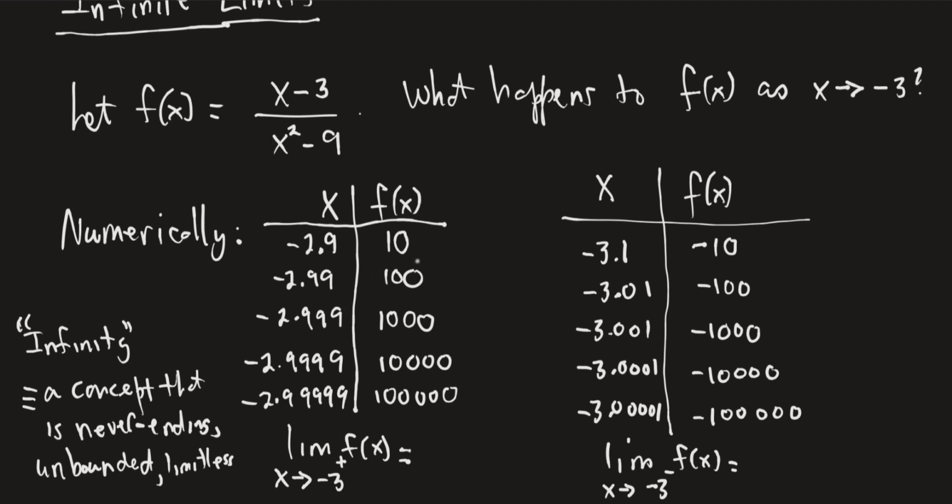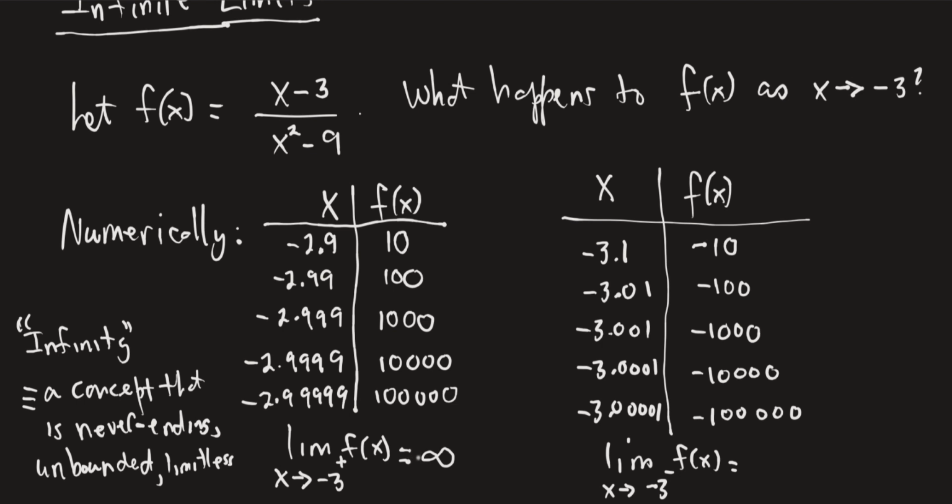So when we see something like this, where as our x value is again getting closer and closer to a number, in this case negative 3, if the function values are getting large and positive, we're going to indicate that by writing this, right? You could even put the positive infinity.